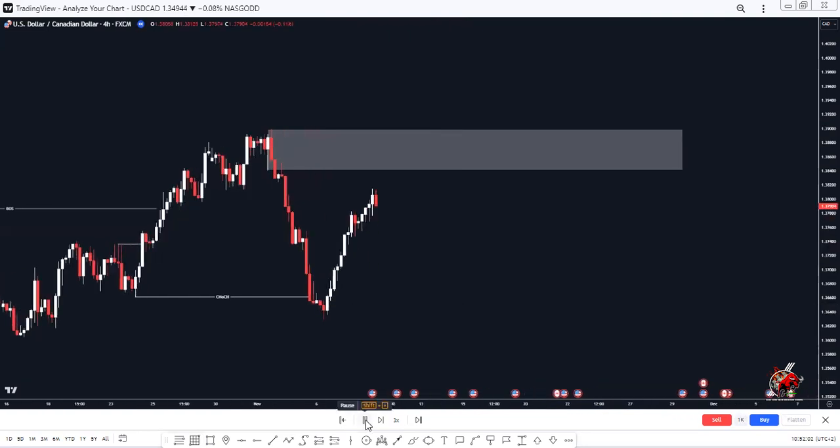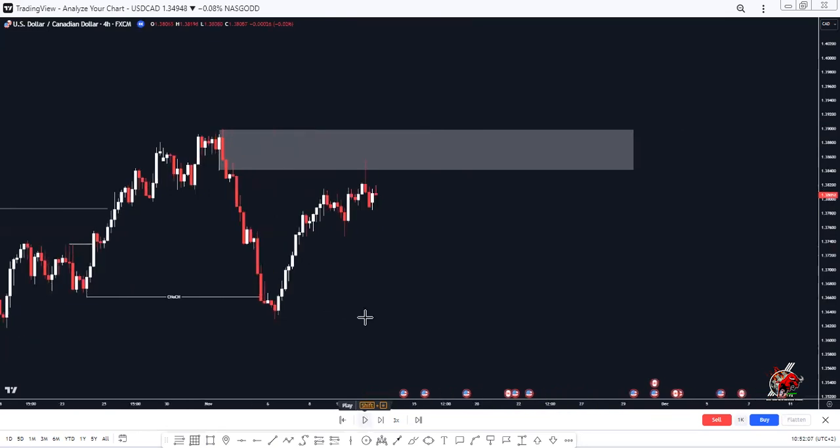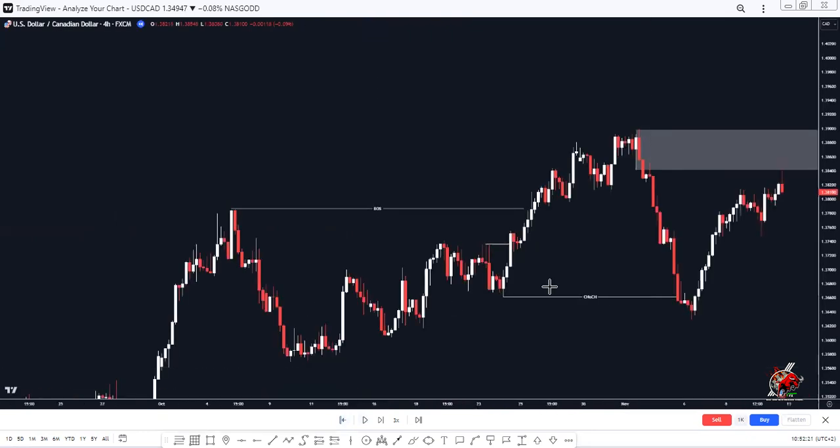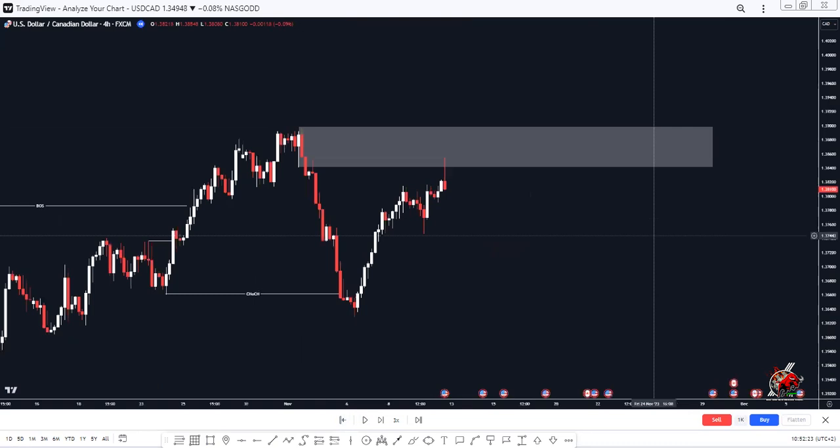As we can see, boom, you see it tapped and then it went down, right? What we do after the market taps here, let me replay it. When it tapped, let's play it up to when it tapped.